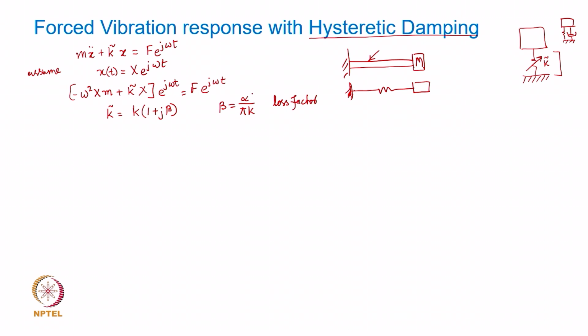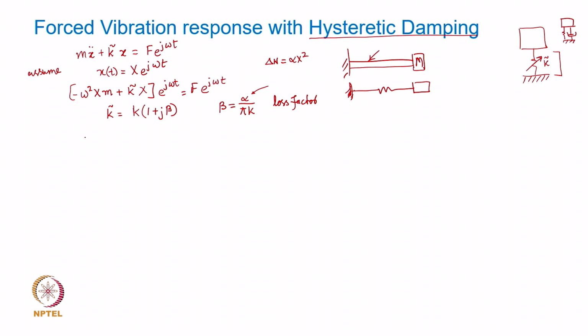Alpha is the constant of proportionality when we said that delta W is proportional to the square of the amplitude. You remember delta W in a structural damping case was proportional to the square of the amplitude, and alpha was taken as the proportionality constant. So, this alpha is appearing here. So, this is what the complex stiffness is in the case of a structural damping or a material damping or a hysteretic damping.